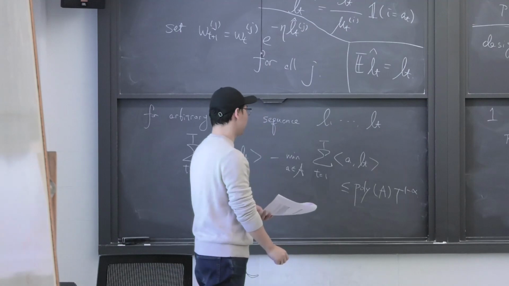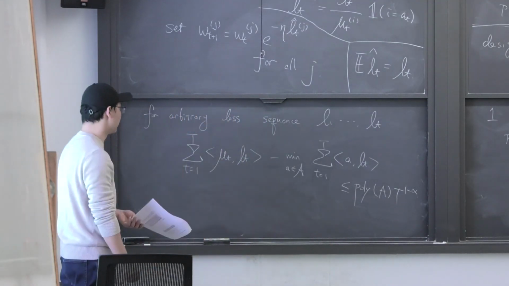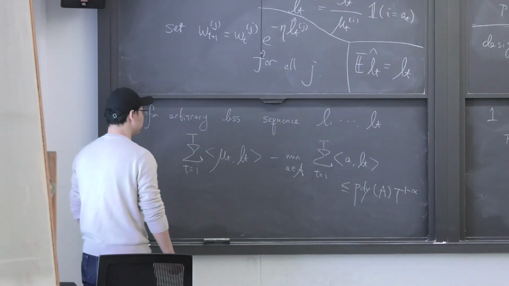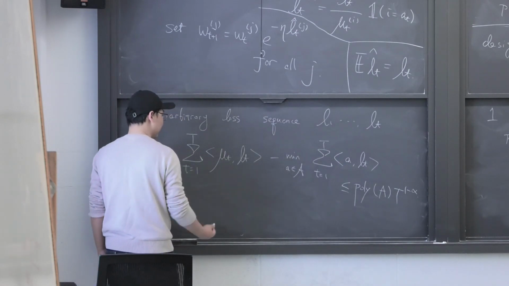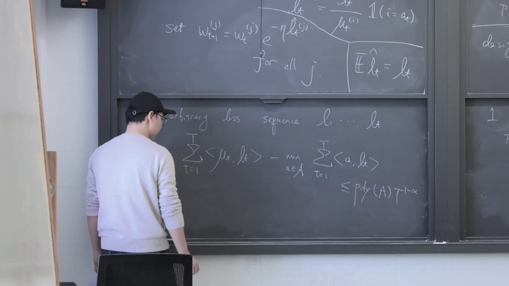So whenever we have such a guarantee, we say this algorithm is a no regret algorithm. If some algorithm is like that, then we say the algorithm is a no regret algorithm.